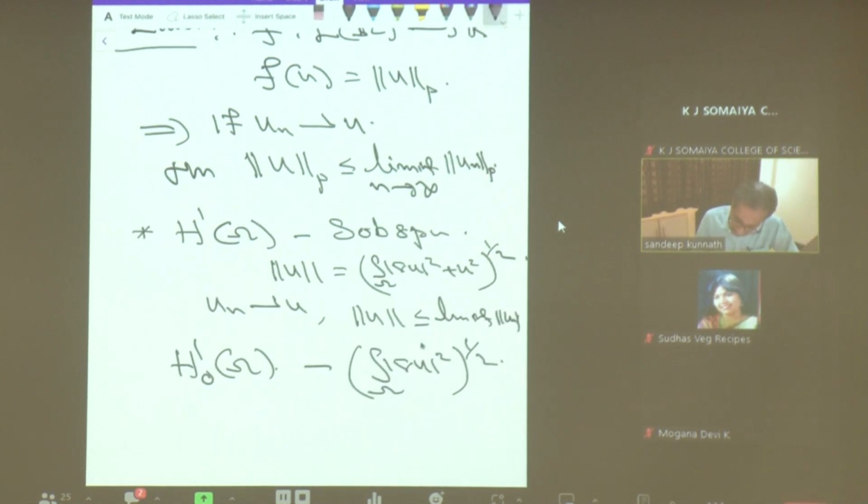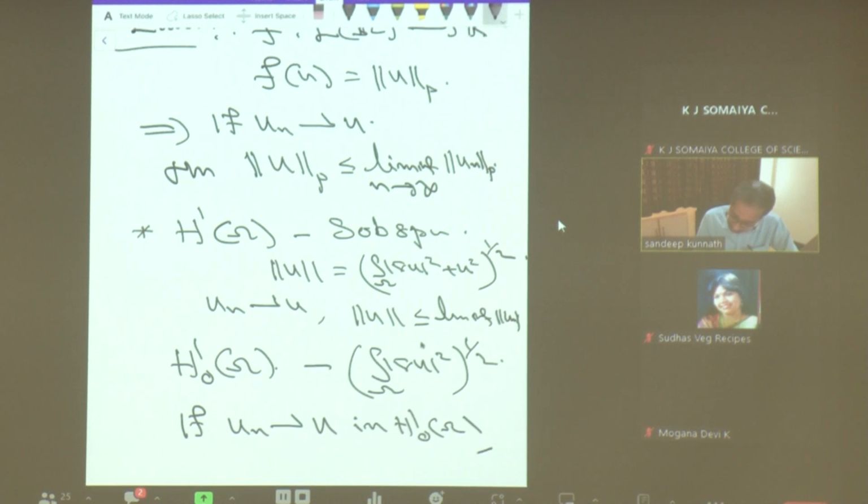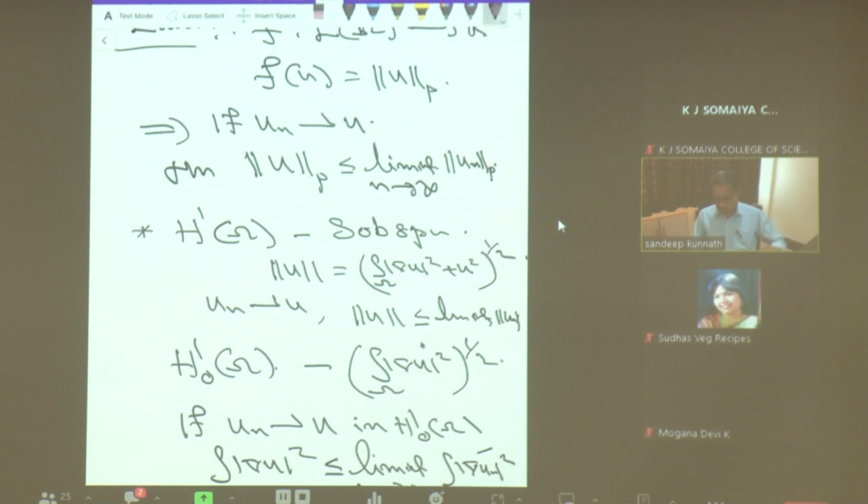So using this theorem, if u_n converges weakly in H^1_0 of omega, then the integral over omega of gradient of u squared is less than or equal to the limit as n goes to infinity of the integral over omega of modulus of gradient of u_n squared. Okay. So you can have all these kinds of examples. So norms are one of the main examples of functions which are weakly lower semi-continuous.